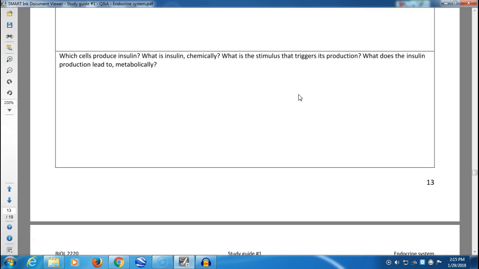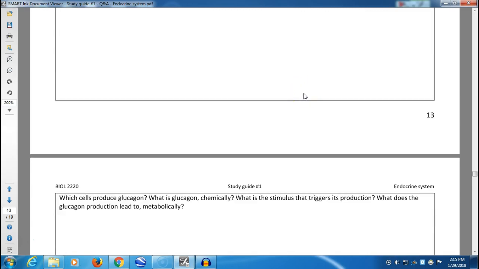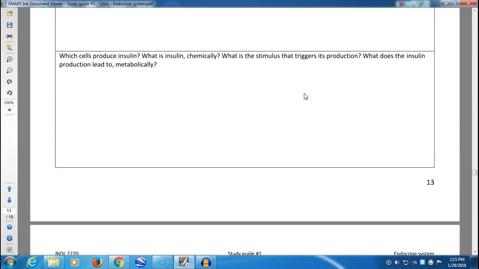Now, insulin production metabolically leads to, that's just like the whole thing. So, what is increased as the result of insulin production? First, uptake of glucose by the cells.